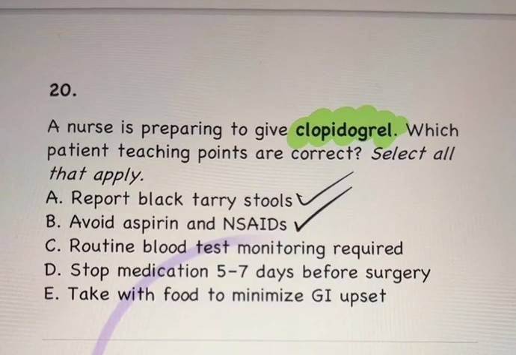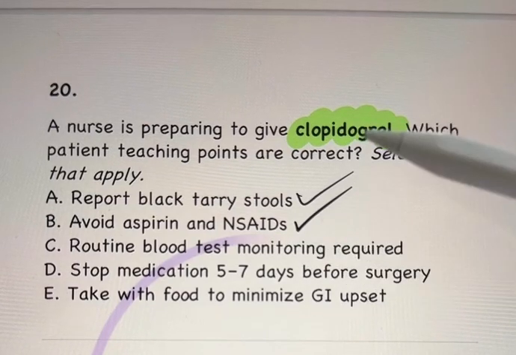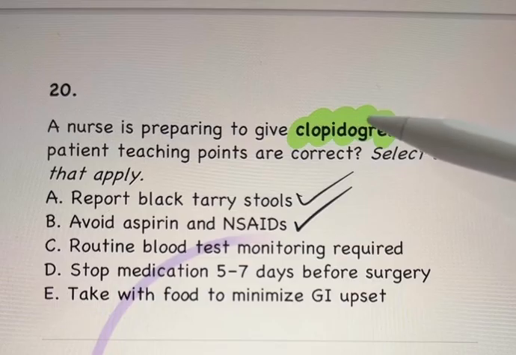Alrighty. Next one. Routine blood test monitoring required. Do we need to do that with clopidogrel? Guys, we don't need a routine blood test for clopidogrel.